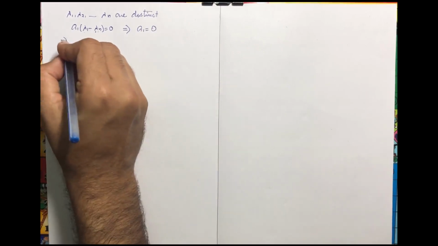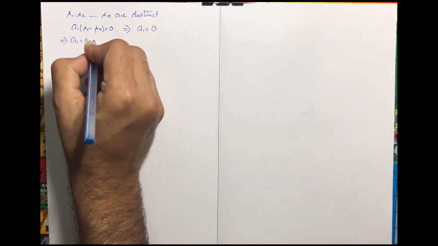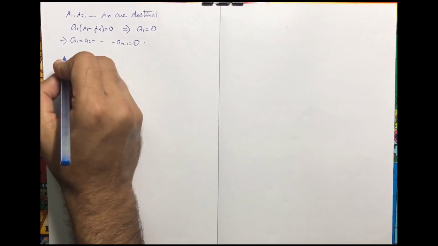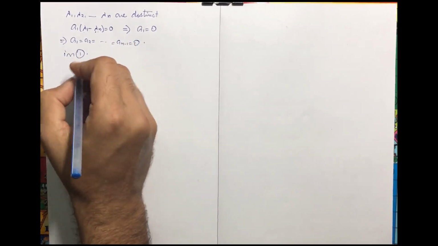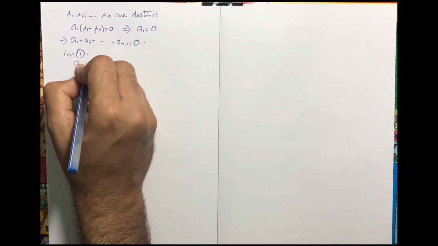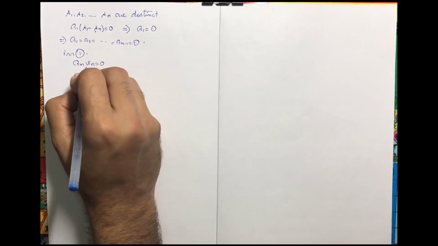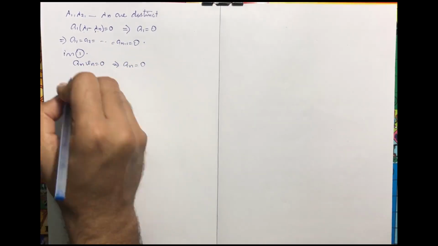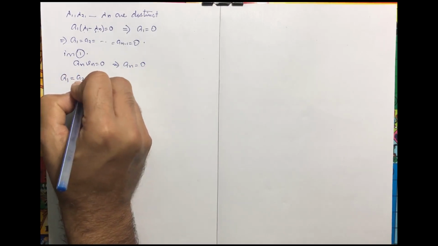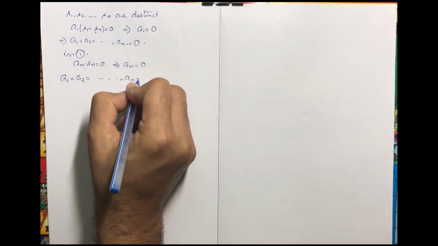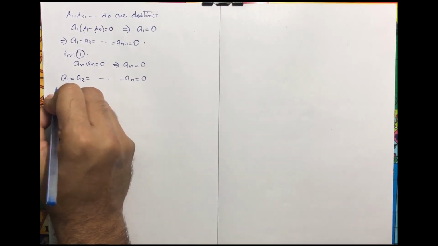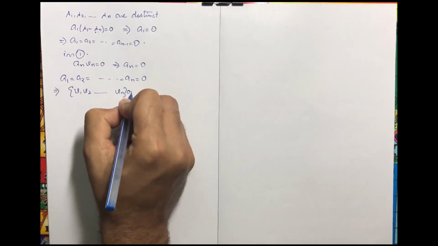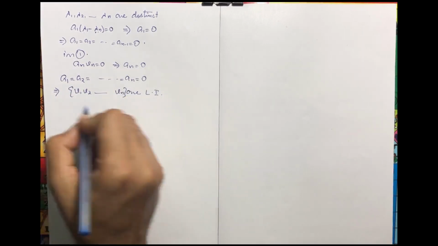So all ai's, a1, a2, ..., a(n-1) equal 0. Putting this in 1, we get an vn = 0, and as vn is a non-zero vector, an = 0. Thus a1 = a2 = ... = an = 0, which further implies all the eigenvectors are linearly independent.